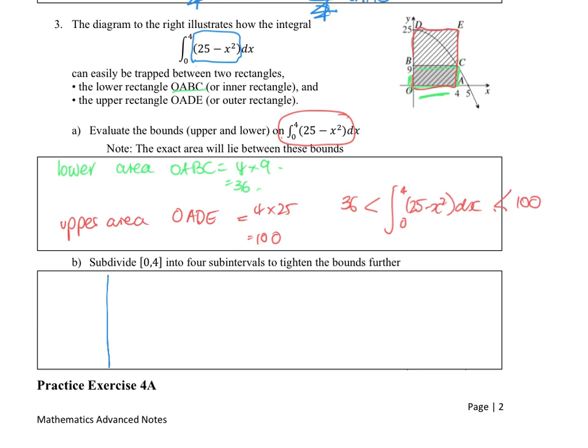That parabola, so that's 5 there, isn't it? Yeah, because 25 minus x squared is like saying 5 minus x, 5 plus x. So there should be another rectangle. But we only want the area between 0 and 4. Okay, that's why I was a bit confused. And how many subintervals did we have in that area? 4. So split it in half, split it again. That is better.